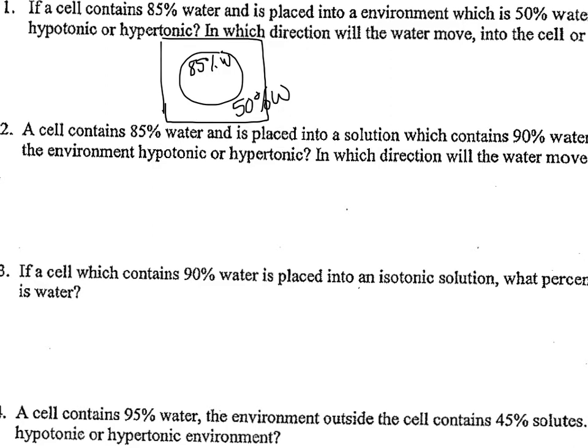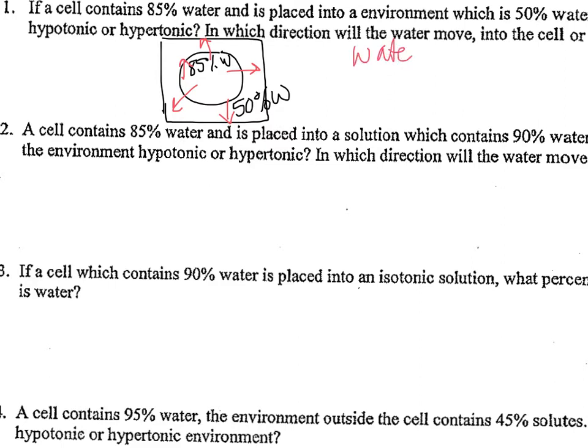So immediately, you can figure out which direction the water will move. So 85% is the high concentration, 50% is the low concentration of water. Therefore, water moves from an area of high to low. So water is going to move out of our cell.